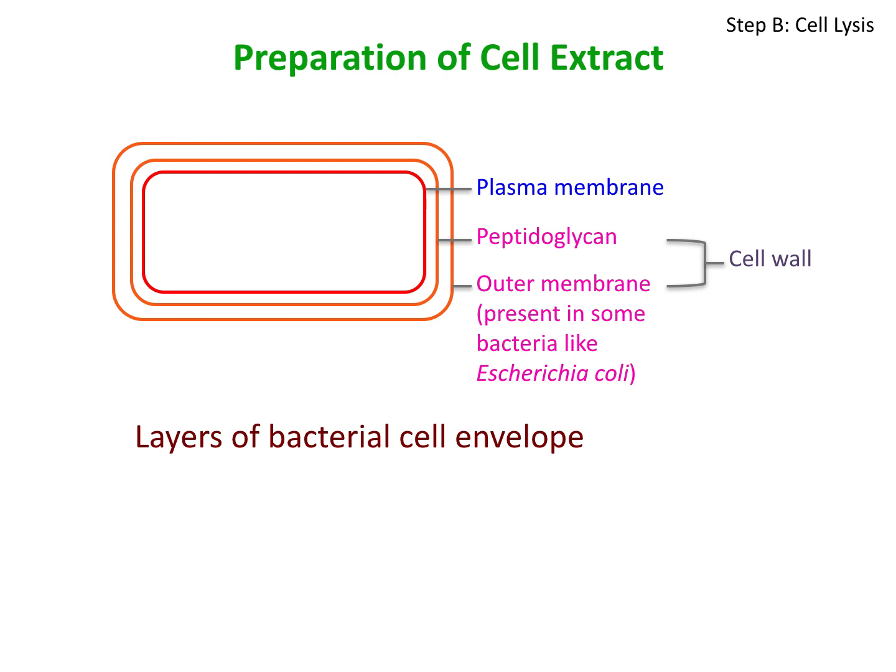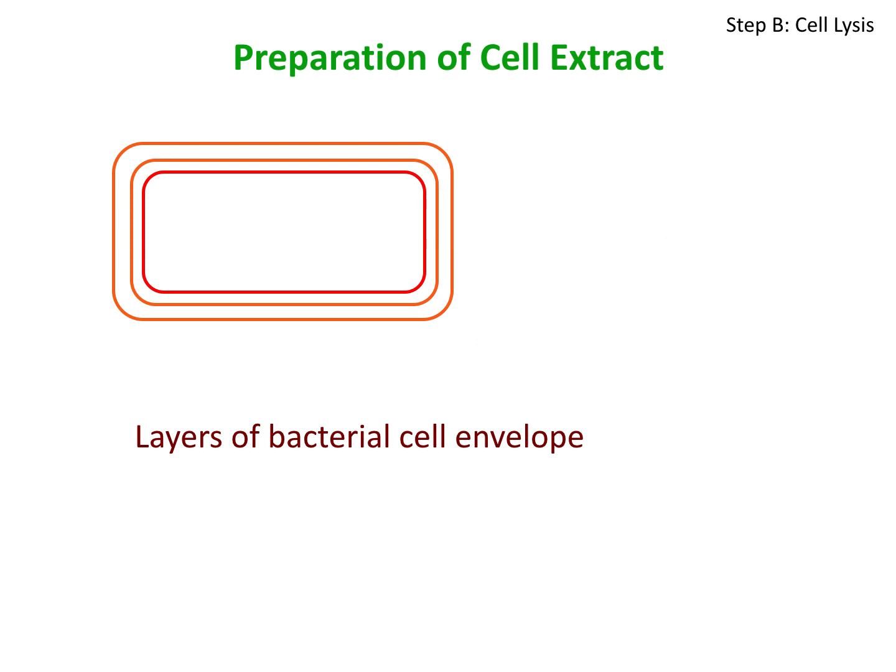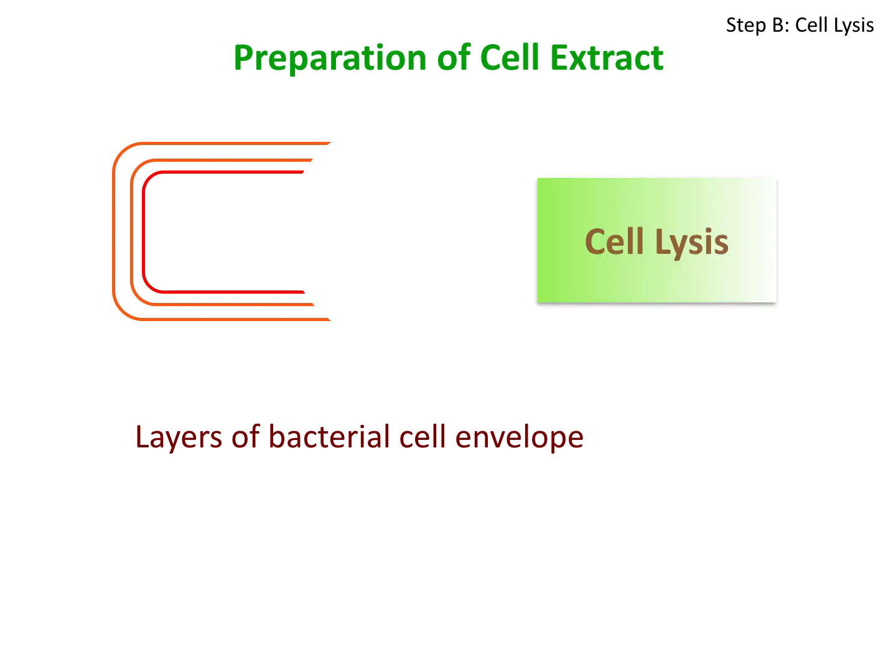This means that the bacterial cell wall may be composed of only peptidoglycan or of peptidoglycan as well as outer membrane. The process where both layers of the cell envelope, that is, plasma membrane and cell wall, are fragmented to release the cytoplasmic contents is known as cell lysis.